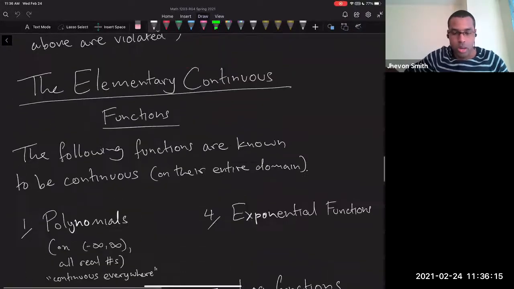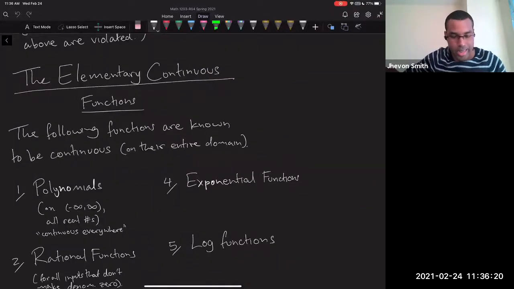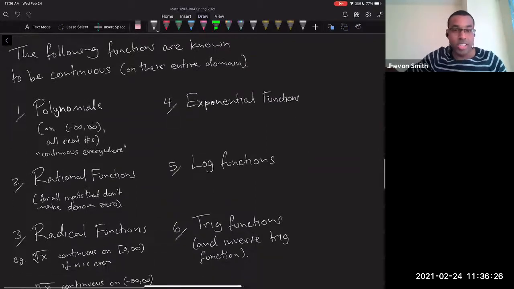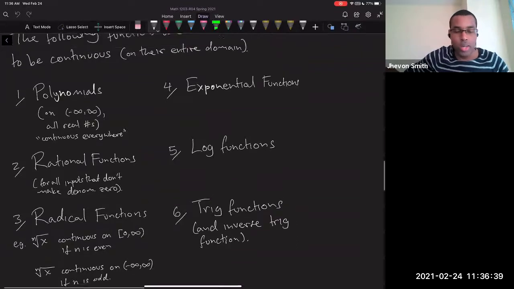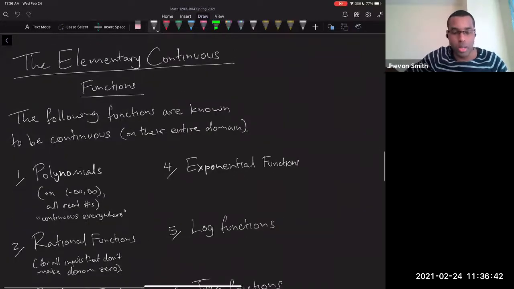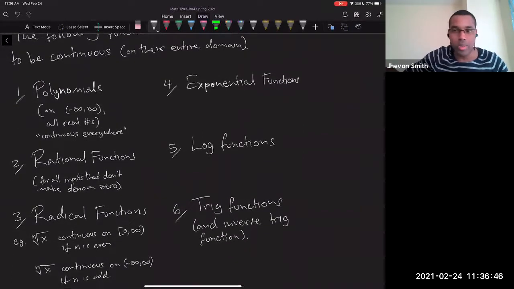Now, we also spoke about something called the elementary continuous functions. This is like our periodic table of functions for math people, right? Everyone who's not a math major, as far as they're concerned, all functions are of this type or combinations of this type. These are the elementary functions that we work with. These are the nice functions. In some sense, these are so well known and so important and so elementary that I'm not even going to require that you prove that they're continuous whenever they show up.